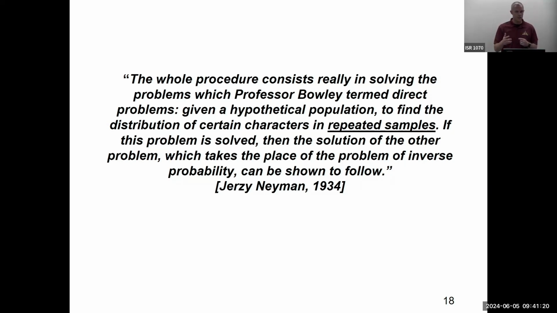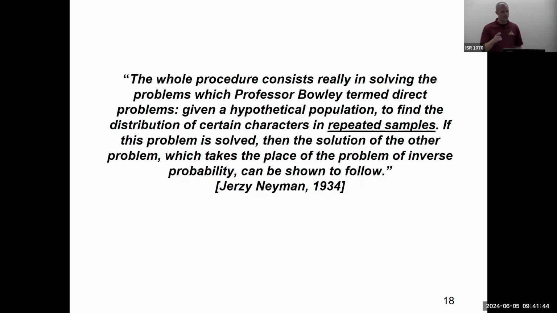Neyman laid out a general approach for drawing probability samples and then making inference about some parameter of interest based on the idea of repeated sampling, where all of your inference is governed by the sampling distribution of a given estimate that you want to compute. Not a model, but the sampling distribution. What does that sampling distribution look like across repeated samples?